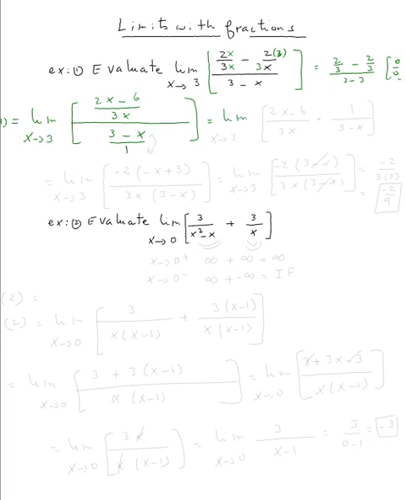Now this is equal to a limit as x approaches 3. To divide by a fraction is the same thing as to multiply by the inverse. So this is 2x minus 6 over 3x times the inverse of 3 minus x over 1. It will be 1 over 3 minus x.